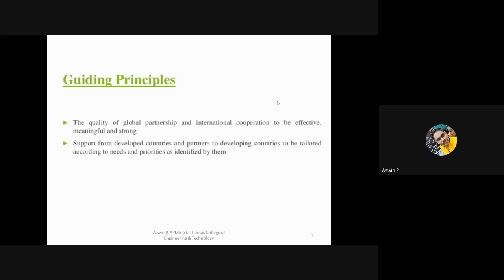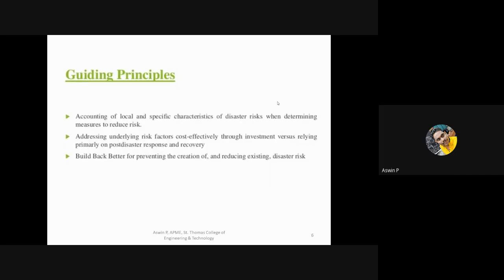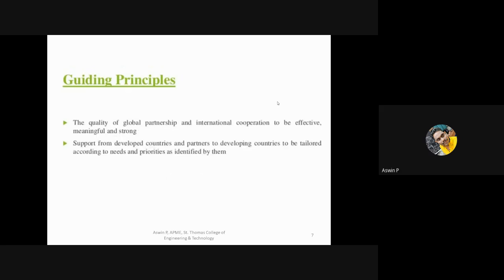And also, the 11th, sorry, how many points have we discussed? 4 plus 4 plus 3, total 11 points we have discussed. Now the 12th point is the quality of global partnership and international cooperation to be effective, meaningful, and strong. Whenever we are focusing on international cooperation, there may be agreements between countries.